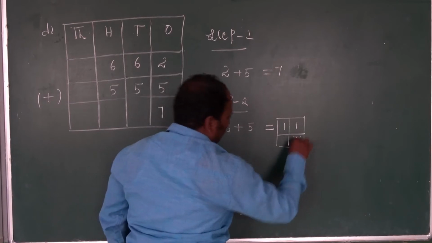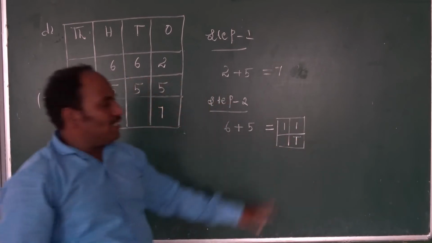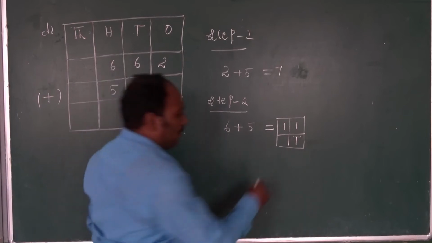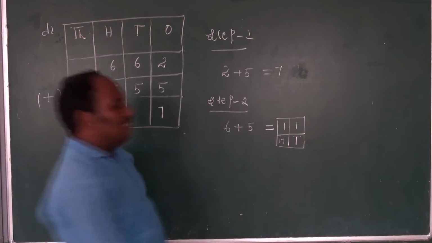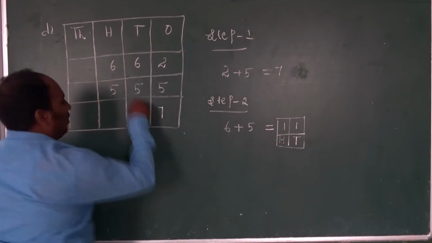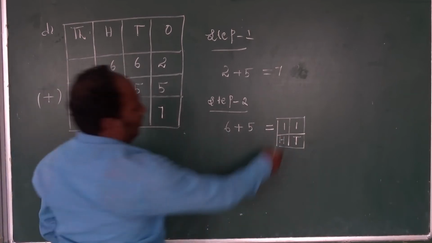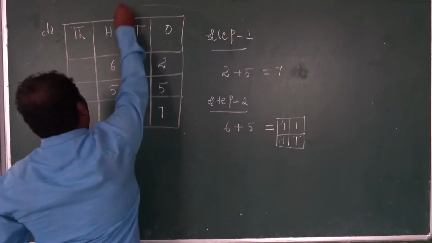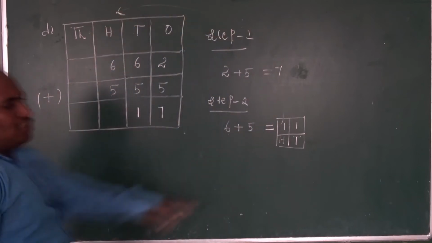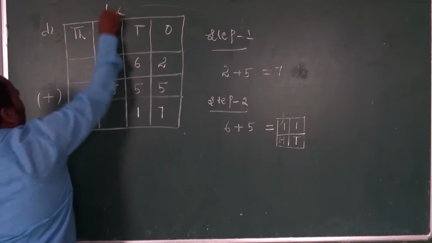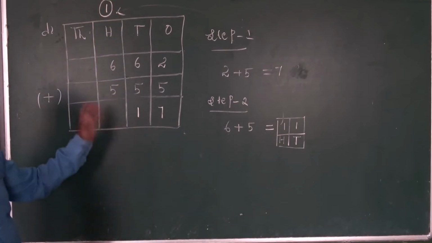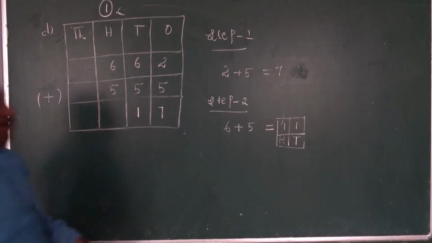We take the place value. 11 tens means 1 ten plus 1 hundred. So 1 ten write in tens column. The 1 hundred is carry over to the hundreds place. Next we add hundreds place.